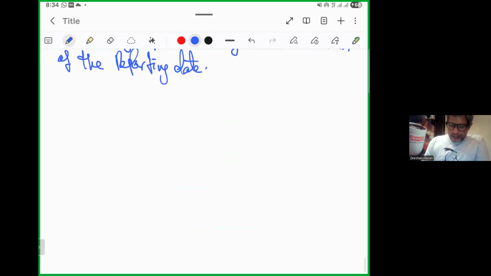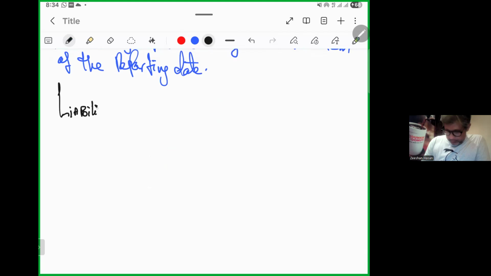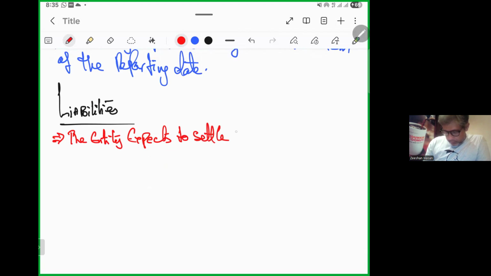As far as liability is concerned, the entity expects to settle it in the normal operating cycle.